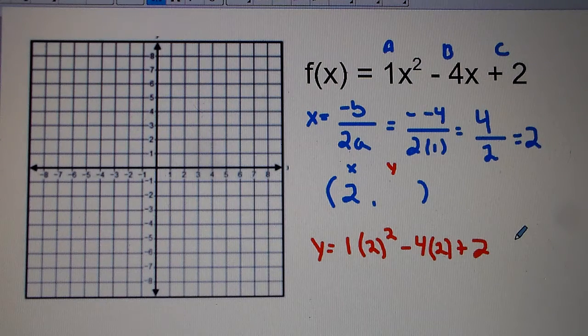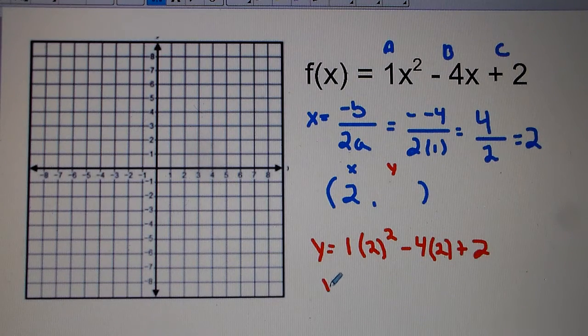So 1 parentheses 2 close parentheses squared minus 4 parentheses 2 close parentheses plus 2. And we get negative 2. So our y value in our vertex is negative 2. So I'm going to plot that coordinate, 2 to the right, down 2. And that's going to be my vertex for my quadratic equation here.